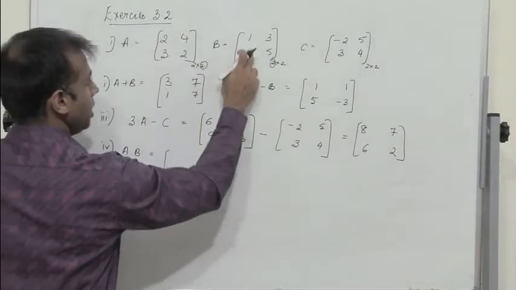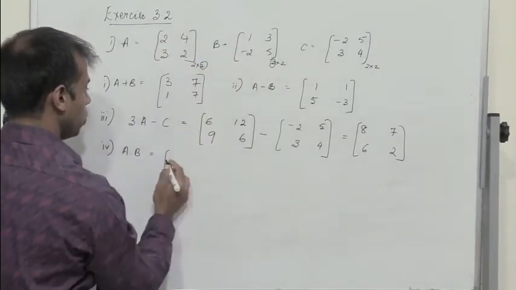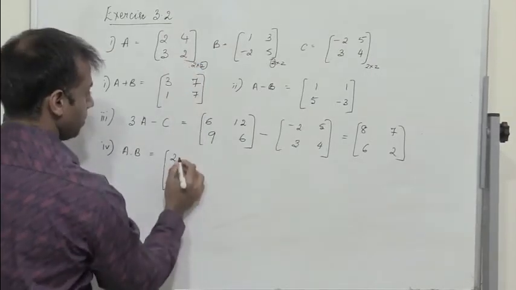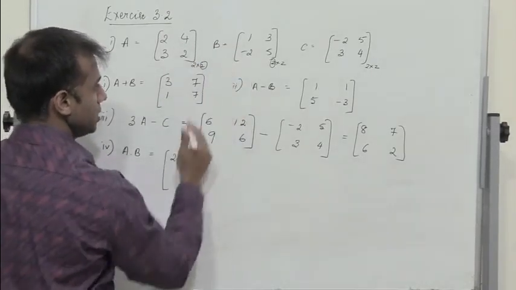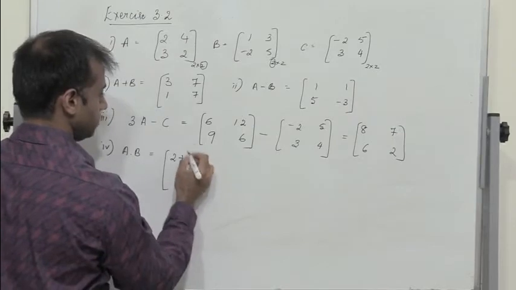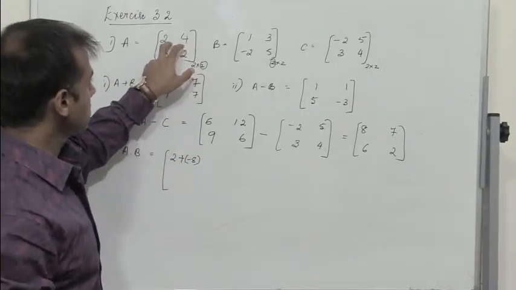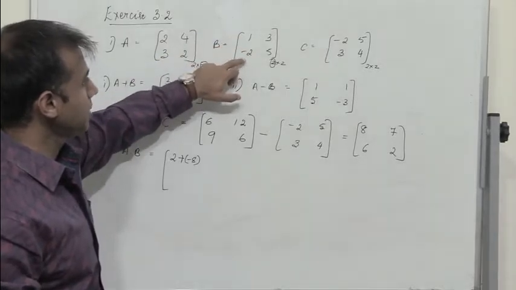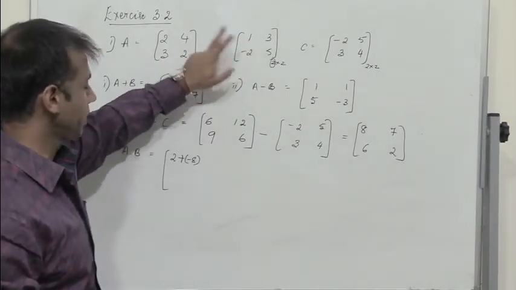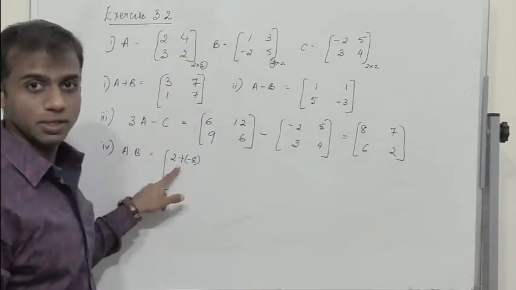So the first row elements with the first column, that is 2 into 1 is 2 plus 4 into minus 2 which is minus 8. Right? So the elements of the first row is 2, 4. That is correspondingly multiplied with the elements of the first column which is 1 minus 2 and they are added. That becomes the first element here.